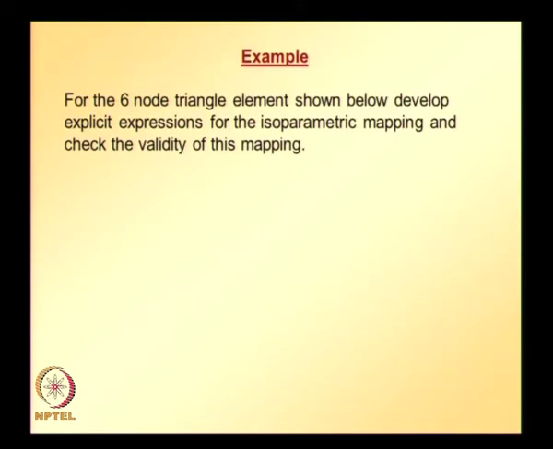for triangular elements. So, this is the first example. For the 6 node triangle element shown below, develop explicit expressions for the isoparametric mapping and check the validity of this mapping. The steps are the same as what we did for quadrilateral elements.